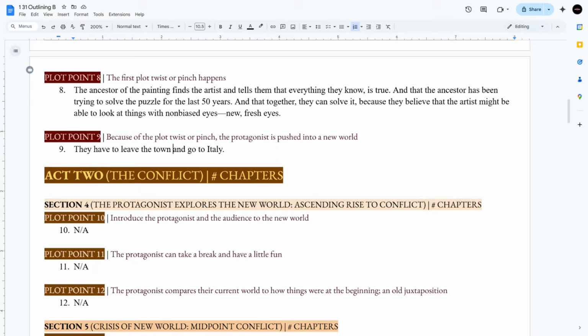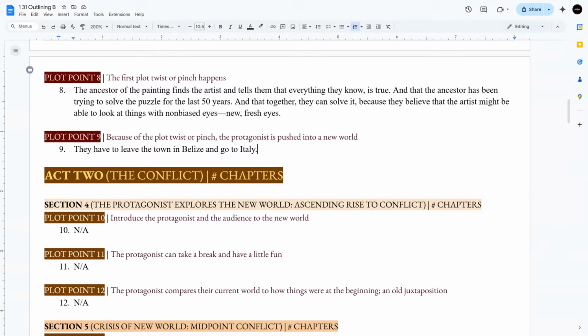Actually, leave the town in Belize. Did I spell that right? Belize in Italy. I think I spelled that right. Oh, no. I didn't spell that right because I'm a doof. What's crazy is my last name comes from there. Bellezza.